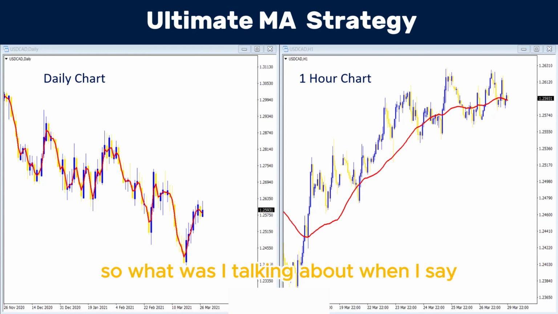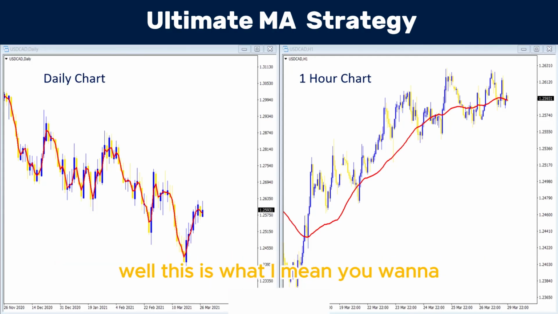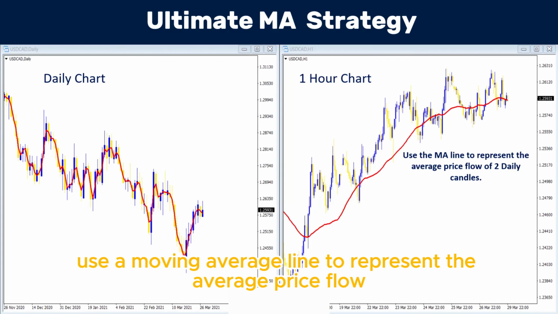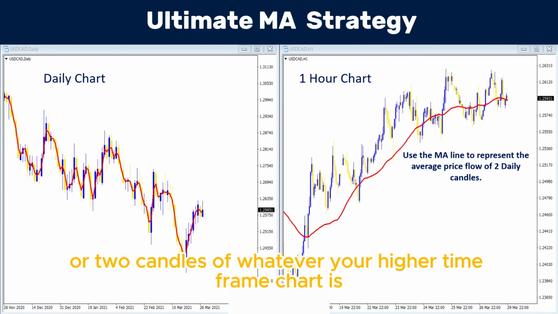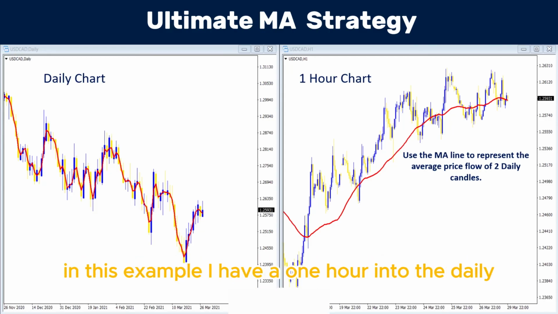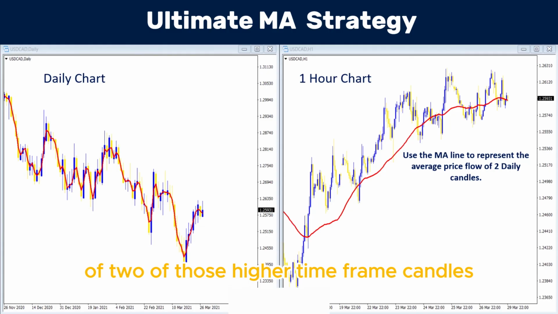So what was I talking about when I say calibrate your moving average to represent the higher time frame? Well, this is what I mean. You want to use the moving average line to represent the average price flow of 2 daily candles, or 2 candles of whatever your higher time frame chart is. In this example, I have a 1 hour into the daily. But you want to calibrate it to represent the average price flow of 2 of those higher time frame candles.